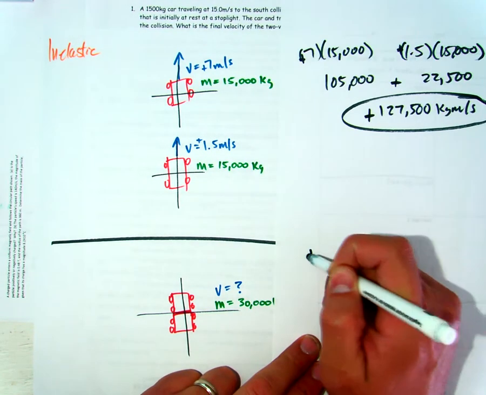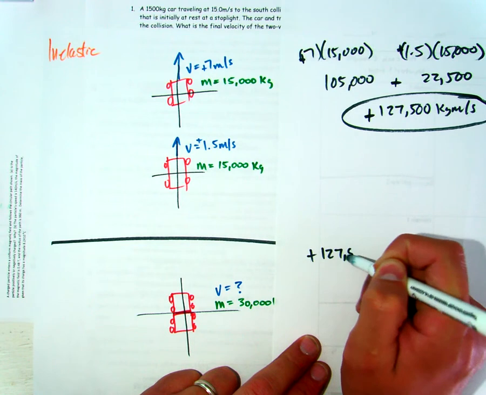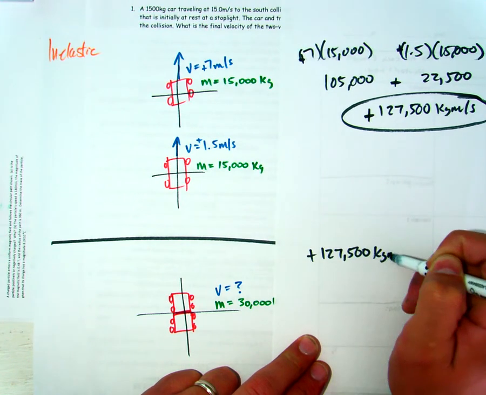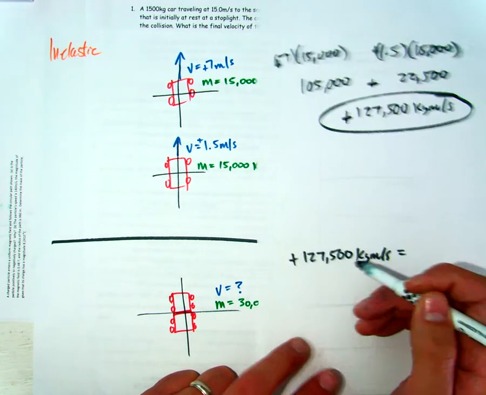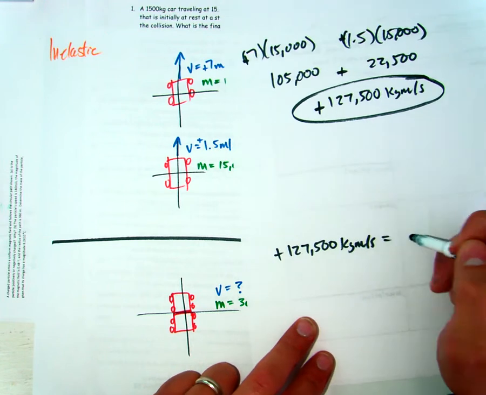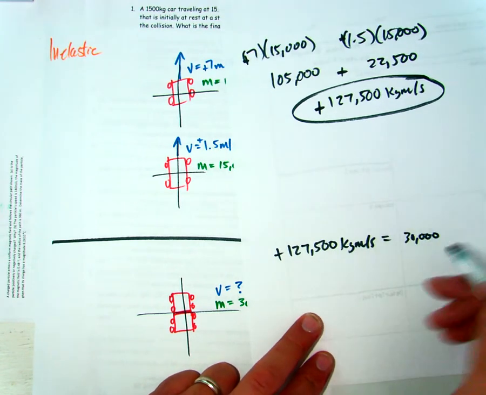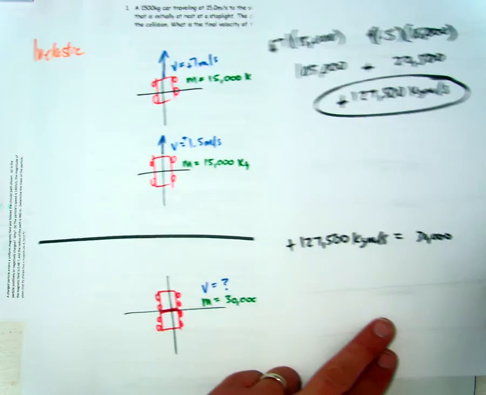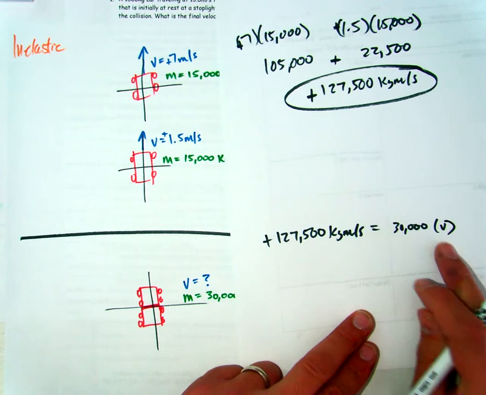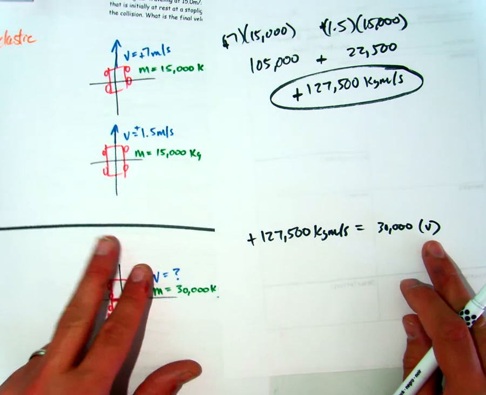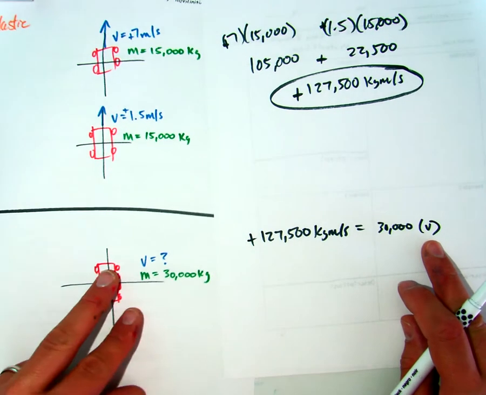So I can say that plus 127,500 kilogram meters per second is equal to the mass, which is 30,000, combination of the two, times some velocity. That's what we're looking for. We don't know what that velocity is of the cart. So this is very easy.